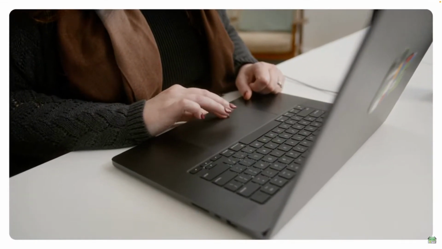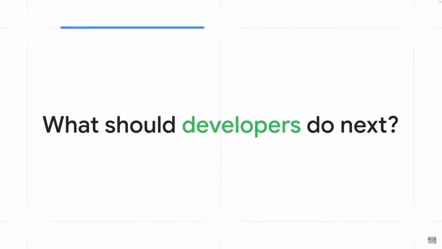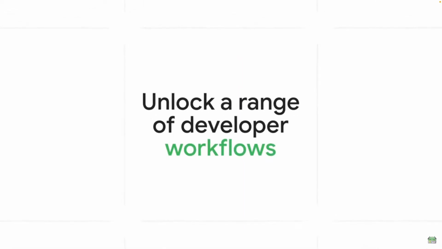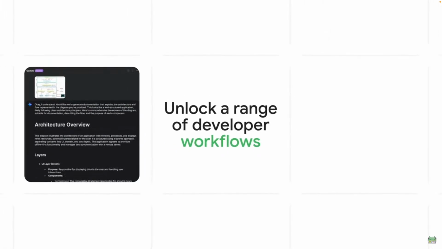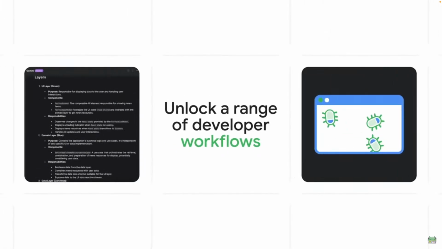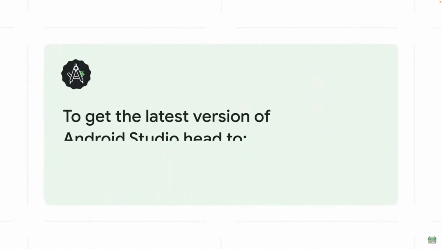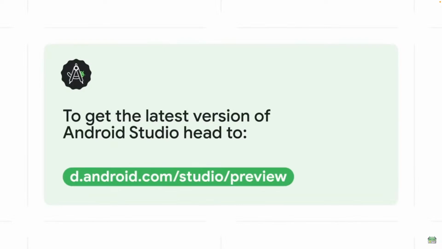Getting a better understanding of how this model works, I wanted to ask Paris what the future holds for Gemini and Android Studio, and how developers can get access to the multimodal features right now. Image to code is just the beginning. Gemini's multimodal capabilities unlock a range of developer workflows, from generating documentation of architecture diagrams to troubleshooting UI bugs from screenshots. We're excited to see what you build with images. More Gemini multimodal features are coming soon. To get the latest version of Android Studio, head to developer.android.com/studio/preview.